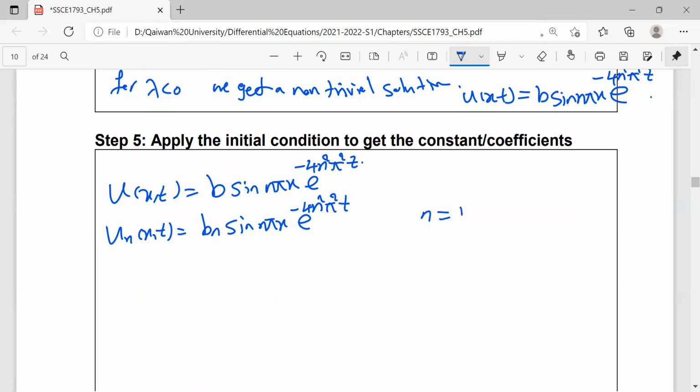Here n equals 1, 2, 3, and so on. It's actually n starts from 0. But if it's 0, we get sine 0 and we get 0 in that case. That's why we don't write down n to be from 0 to infinity.